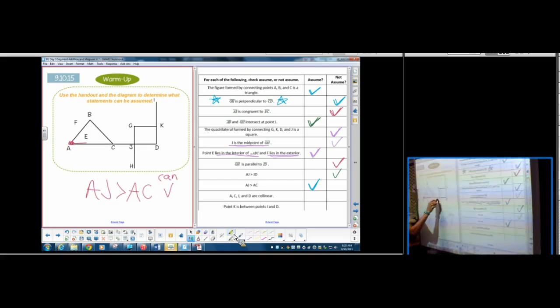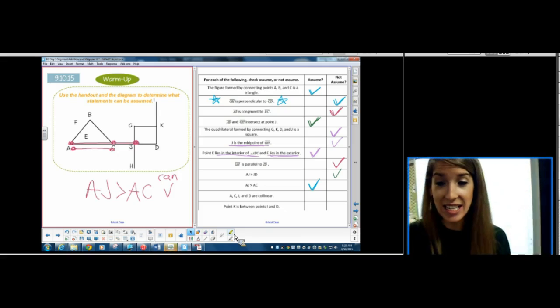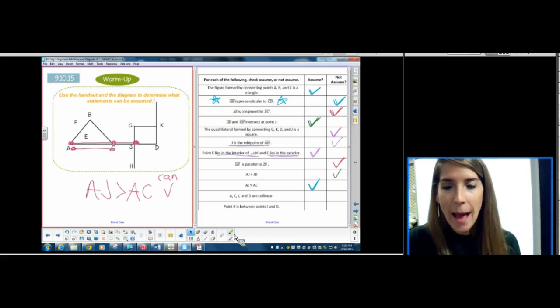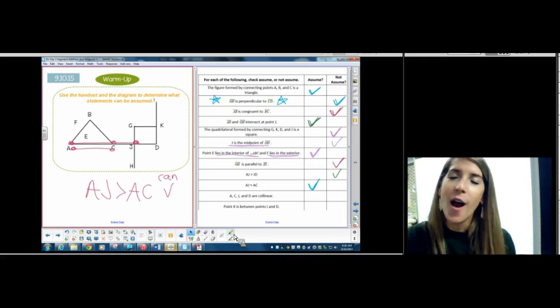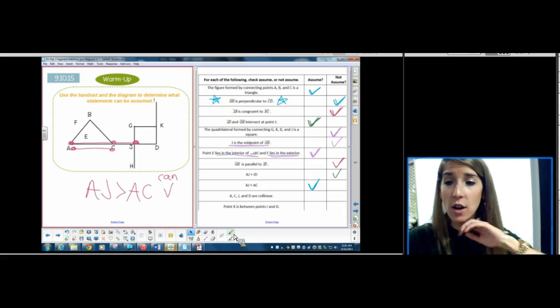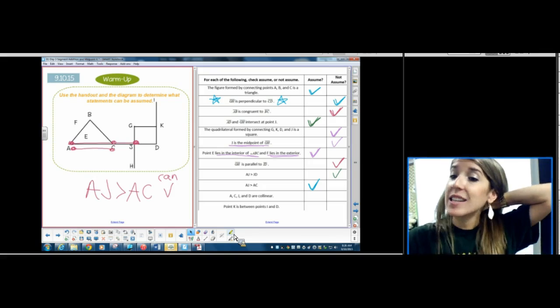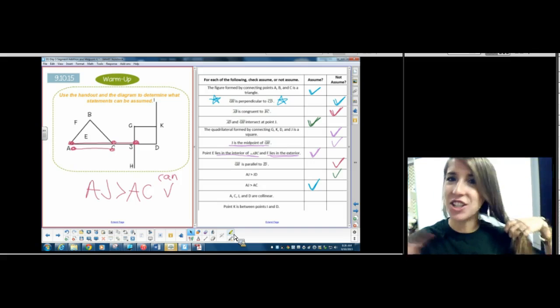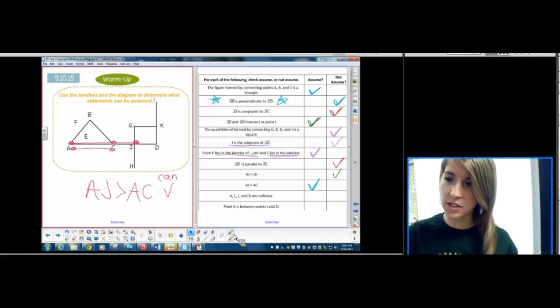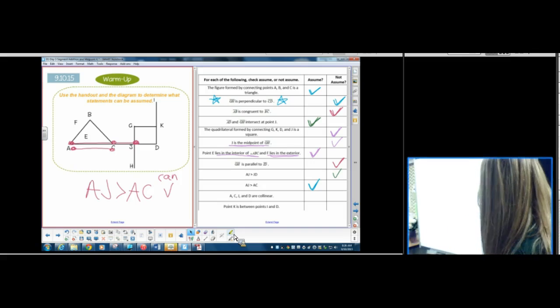Here's AJ, and here's AC. The difference is that these are overlapping, right? AC is part of AJ. A part is always less than a whole, okay? So because these are overlapping, because C is in between A and J, that changes things, and that's why we're allowed to assume it.